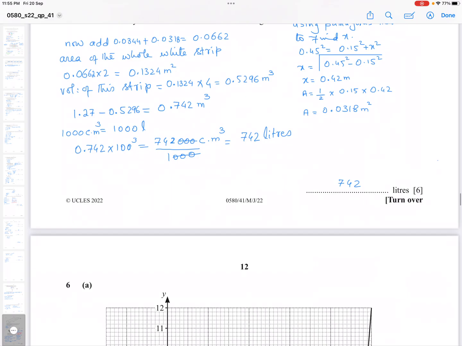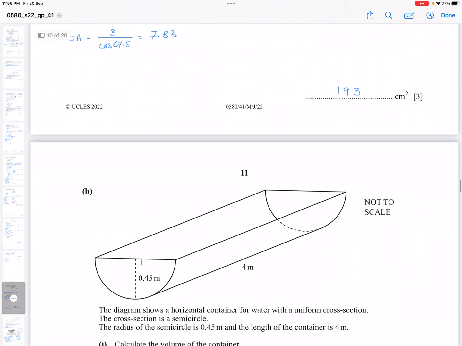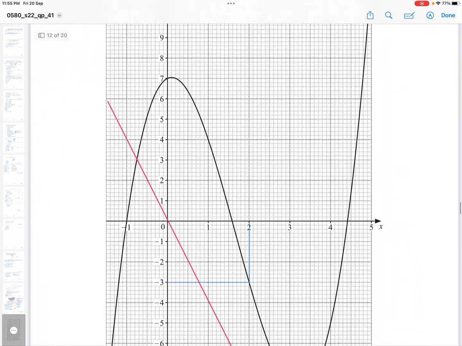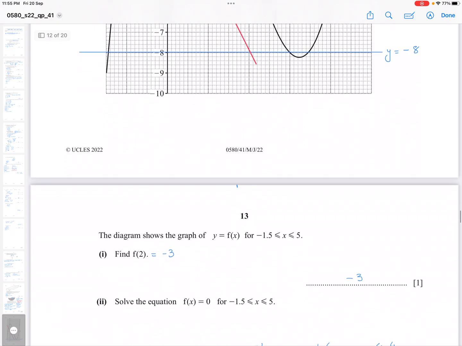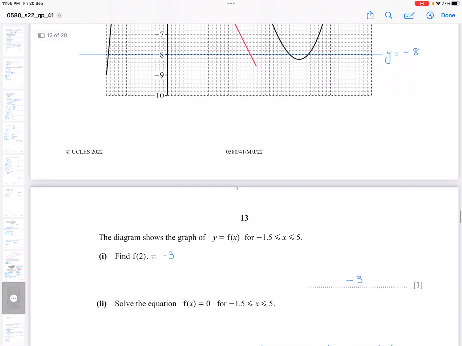In question number 6, in part A, the diagram shows the graph of y is equal to f of x for x less than or equal to 5, greater than or equal to minus 1.5.